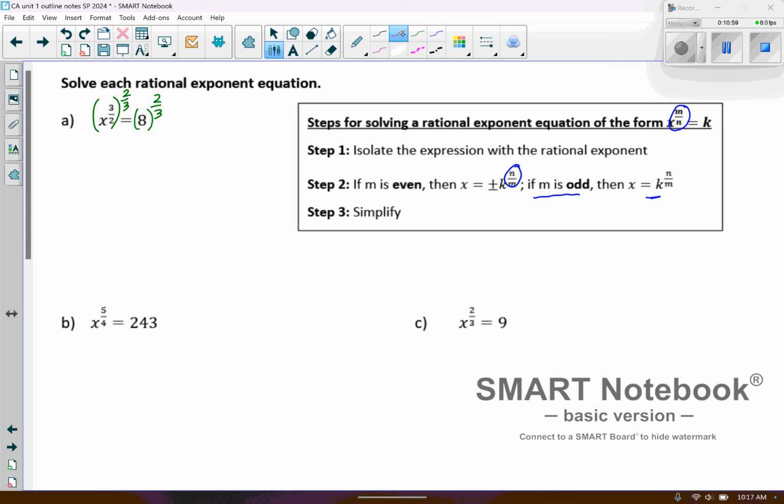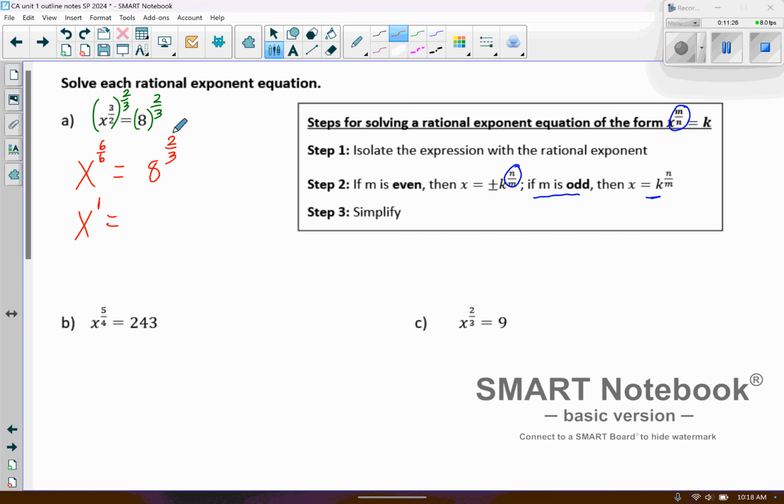And so if you notice the m value, my original numerator is odd, so I don't have to worry about the plus or minus, okay? And so what happens here is power to a power, if you remember, we multiply. So you multiply 3 over 2 times 2 over 3. And so I end up with 6 over 6, which is really just going to be a 1, right? 6 divided by 6 is 1, so x to the power of 1.